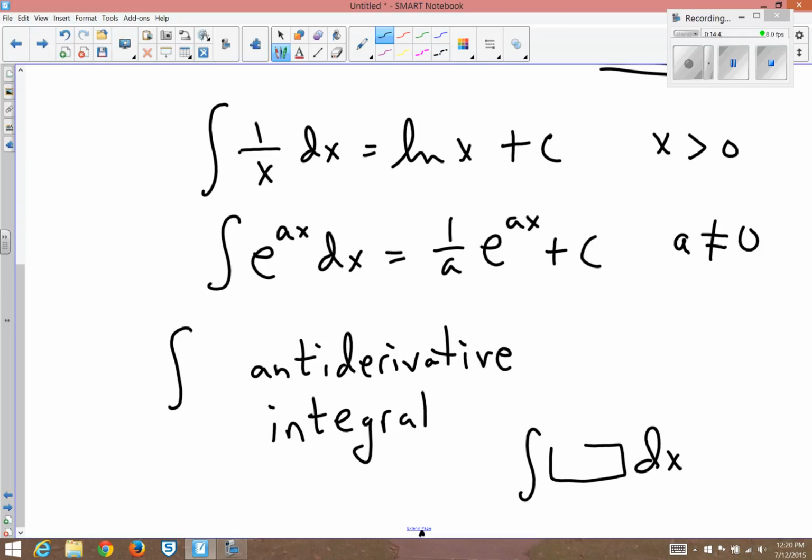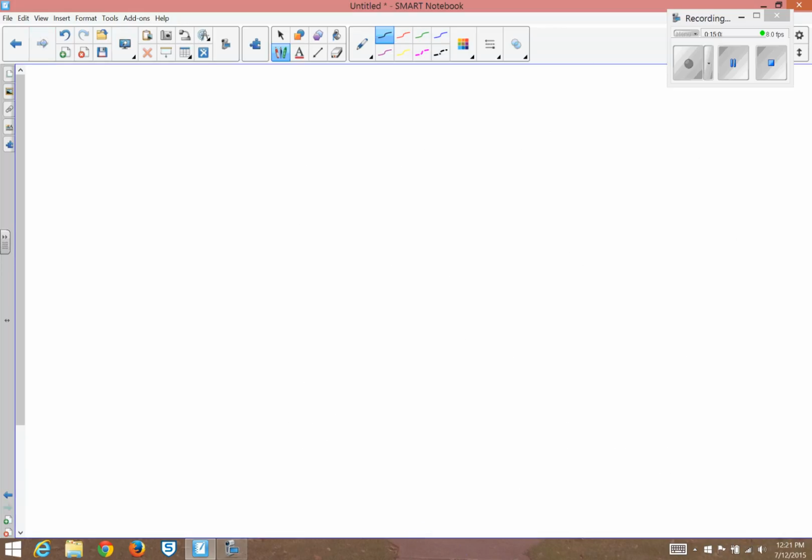What's inside here, as I said earlier, is what we call the integrand. It'll be between the integral symbol and the dx. And I think the best thing is to just do a few examples that are on page 397.